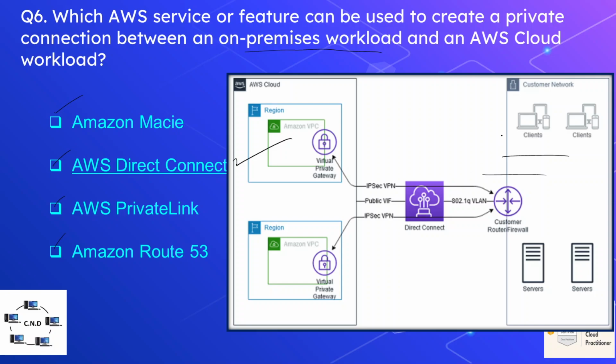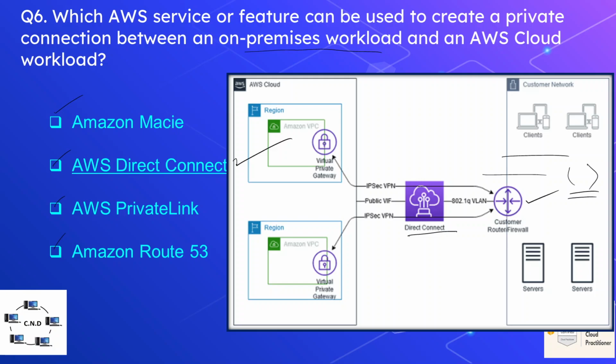And again, this is a visual of this AWS Direct Connect. So this is the customer network, the customer local network inside the organization. This is the customer gateway or the customer firewall at the edge of the network that connects to the outside world.